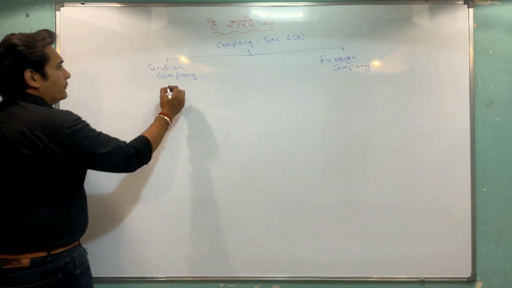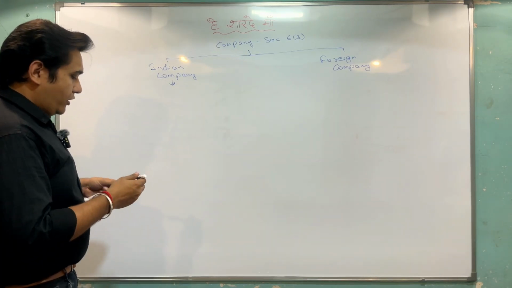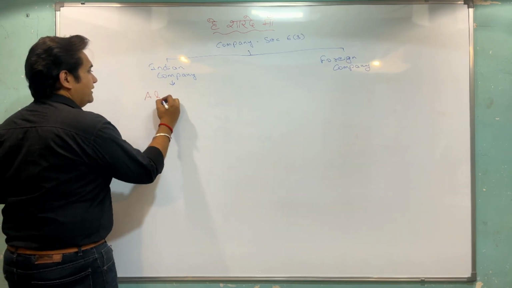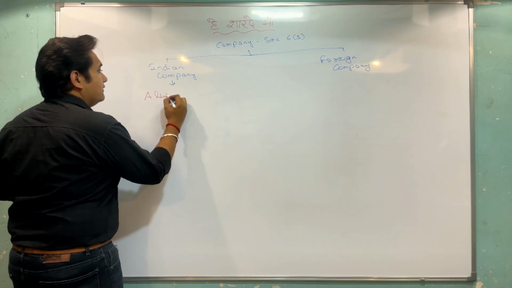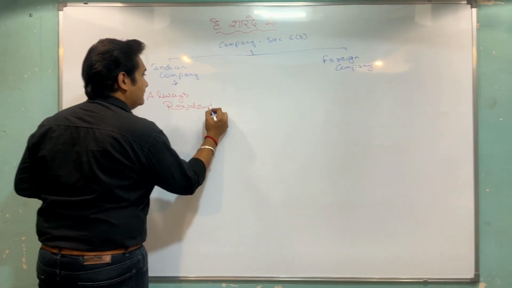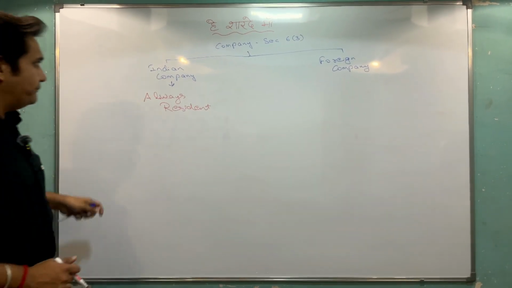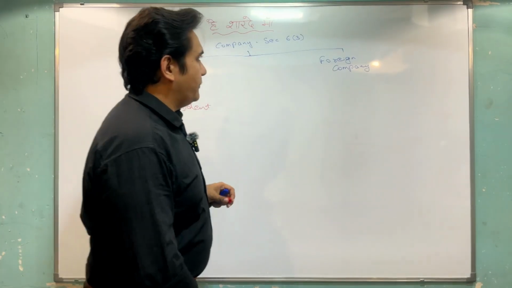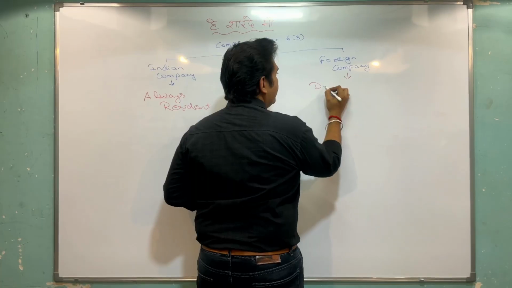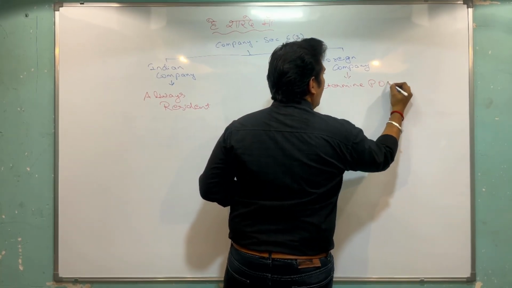When it comes to an Indian company, there is no second thought about this. If it is an Indian company, it is always resident. When it comes to a foreign company, we have to determine POEM.